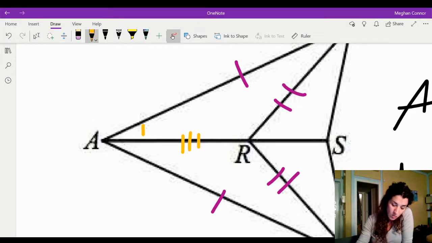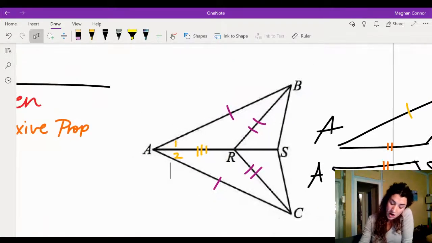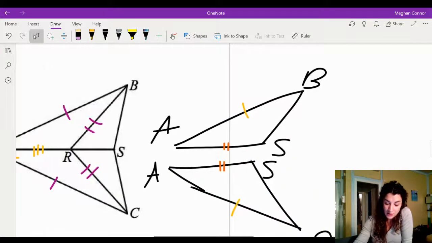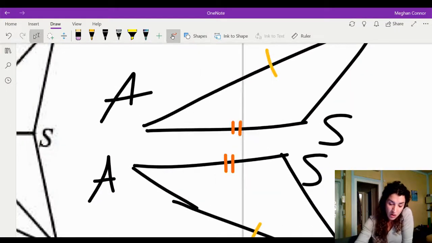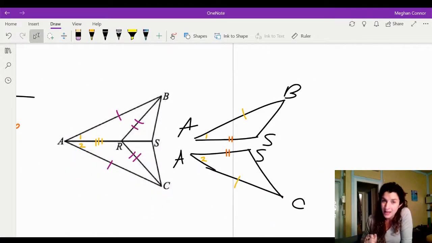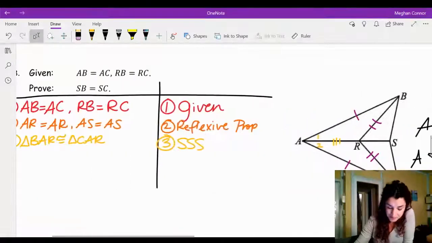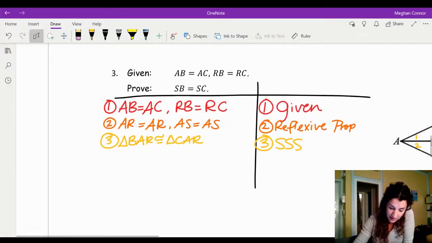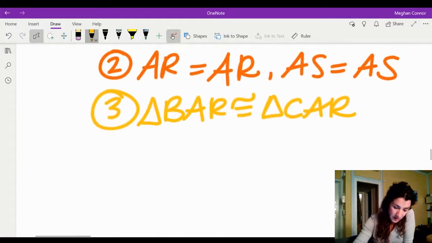I'll call it angle 1 and angle 2. With BAR and CAR, now I can say that angles 1 and 2 are equal, which, hey, angles 1 and 2 are also in our bigger triangles. And once I can prove that those 2 are equal, then I have side angle side. So now I get to say that angles 1 and 2 are equal.